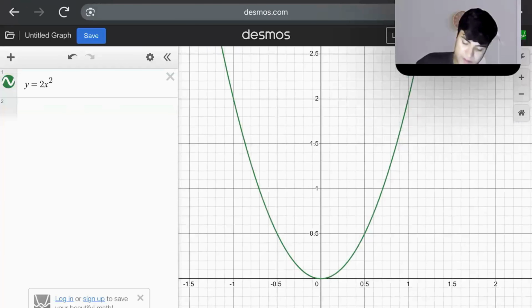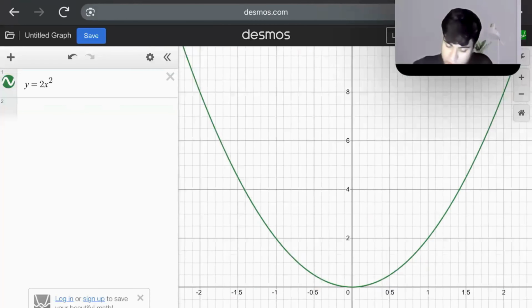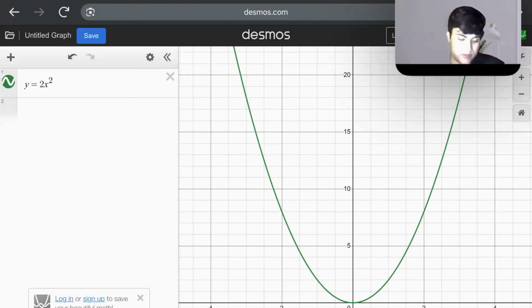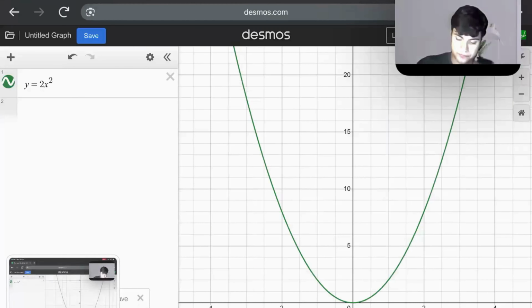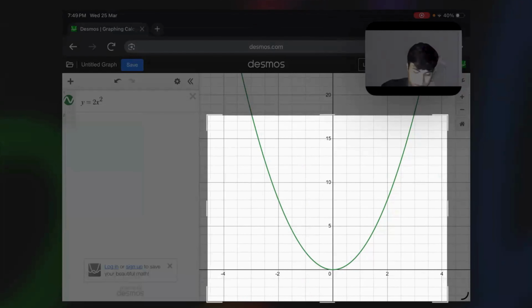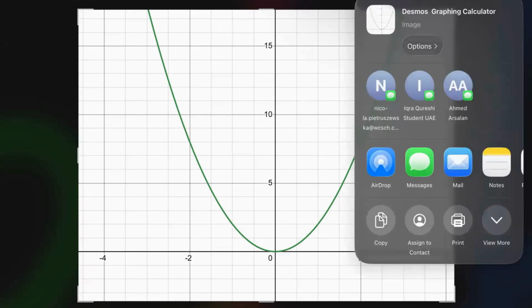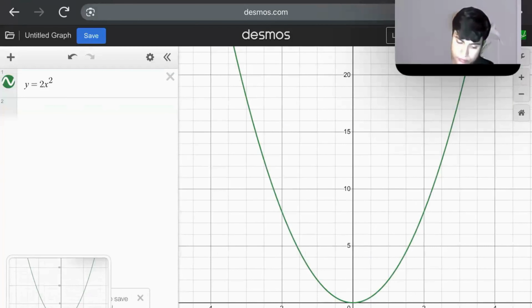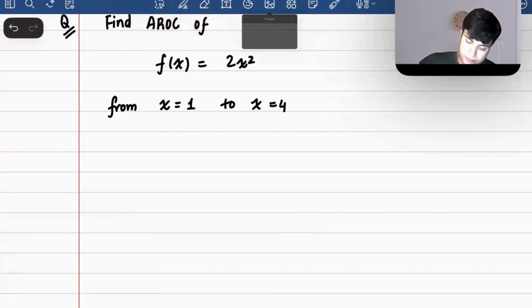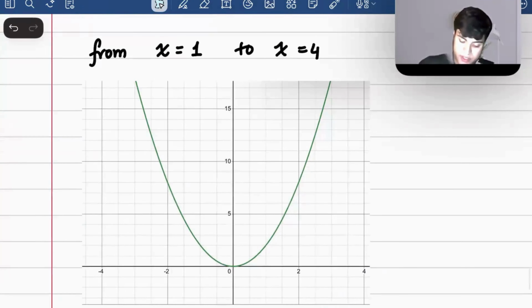This is how the function looks. Let's take a quick screenshot of this.